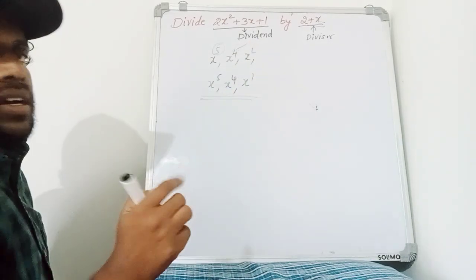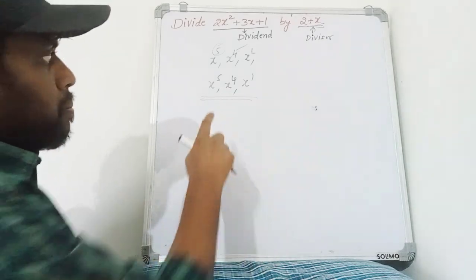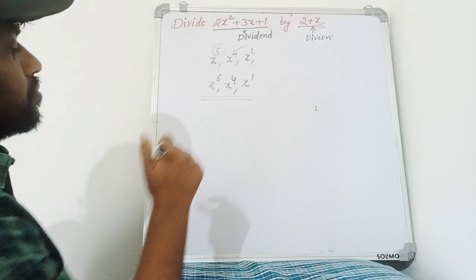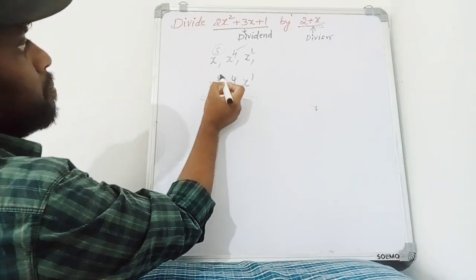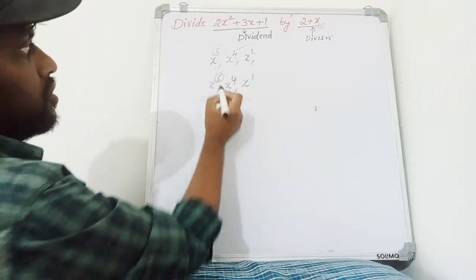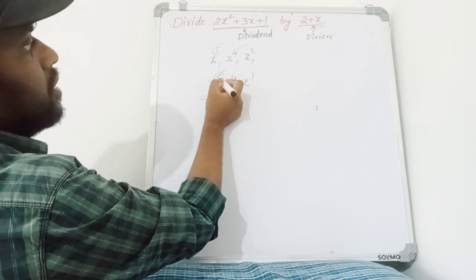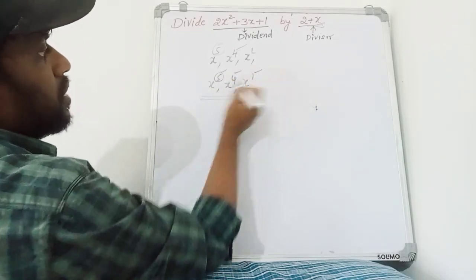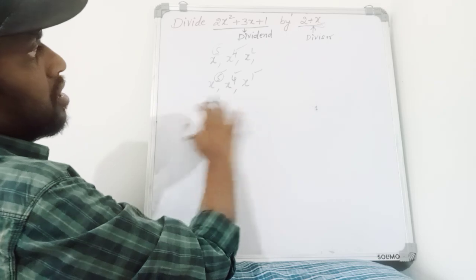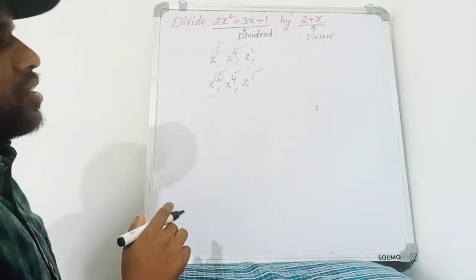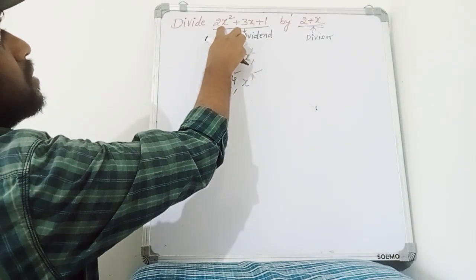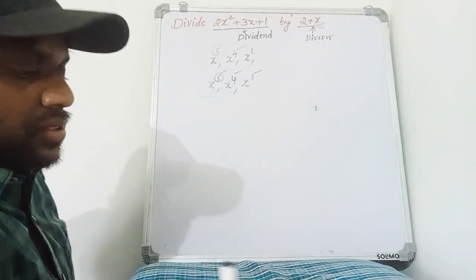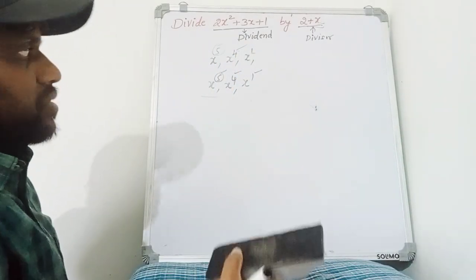So this is decreasing order of powers of x. Decreasing order means the first power should be the highest, here 5, then less than 5, which is 4, then less than 4, which is 1. We have to arrange the terms of this polynomial in the decreasing order of powers of x. That is the first thing we have to do.